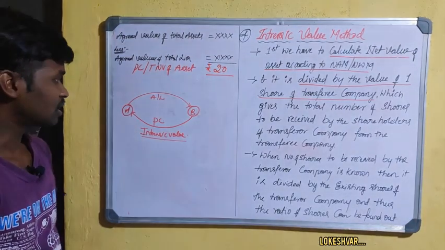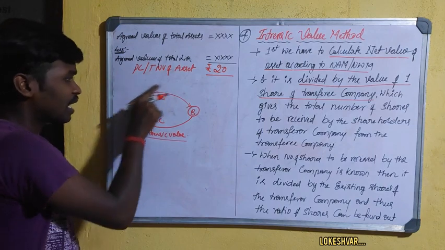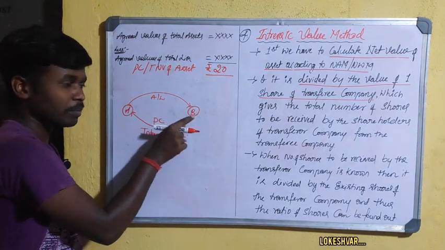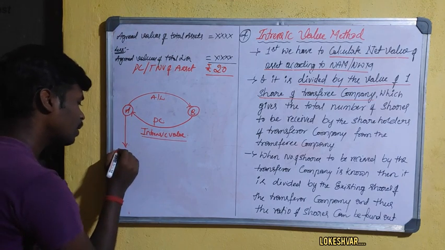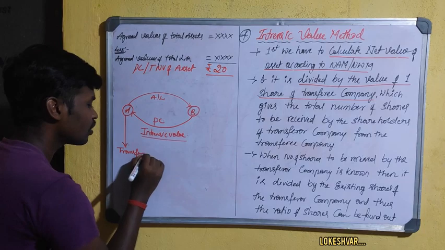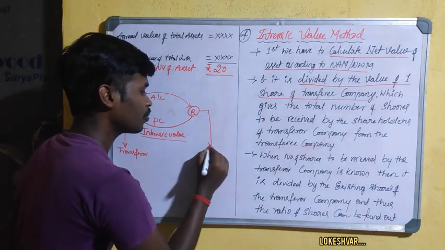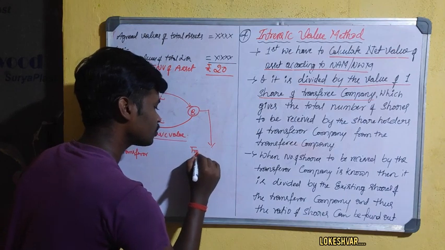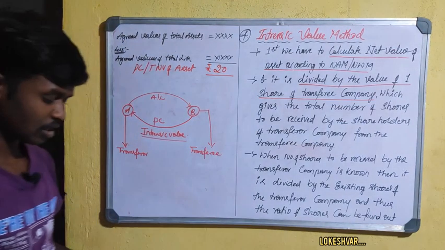Intrinsic value method in the sense that when A company transfers assets and liabilities to the B company, A company becomes the transferor company and B company becomes the transferee company.